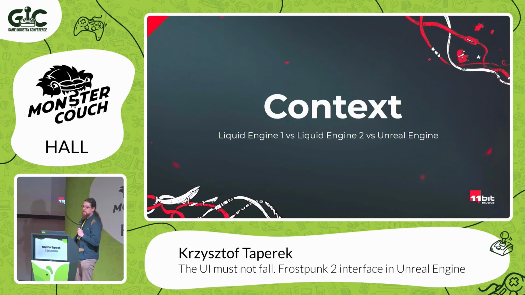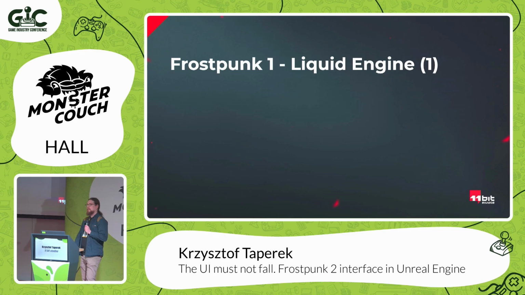So to give you more context, Frostpunk 1 was made on our custom in-house engine named Liquid Engine, and we could always just go to the author of the code, ask for help, and it was working quite well. Of course, we didn't have that much support because they always had more important things, but it was in-house and it was always a possibility to ask for help.